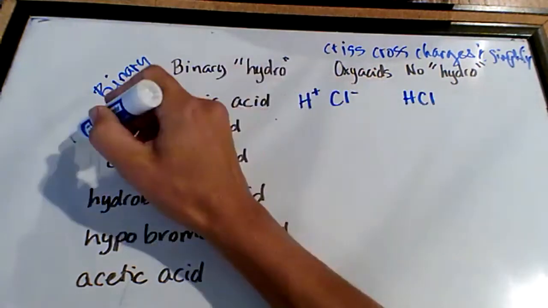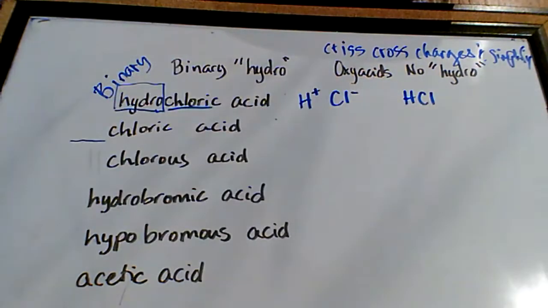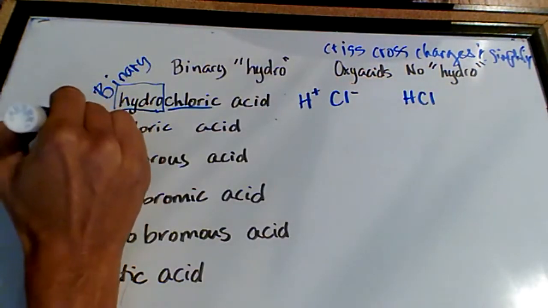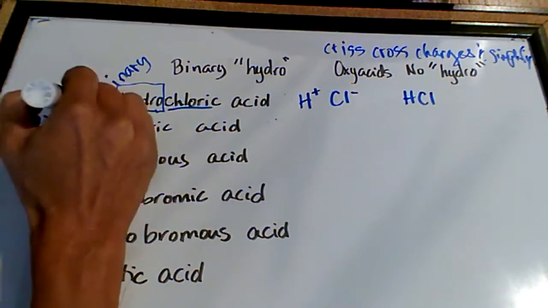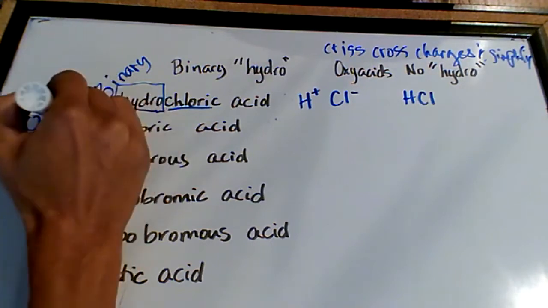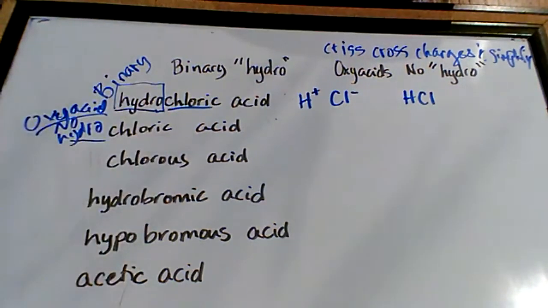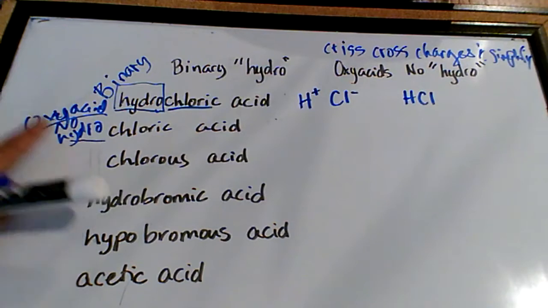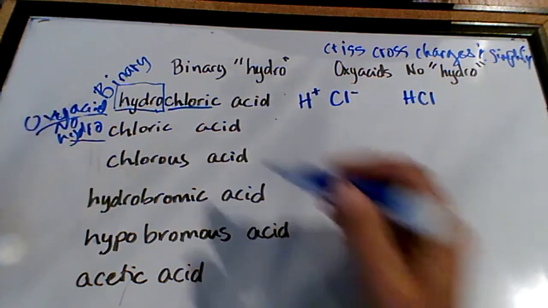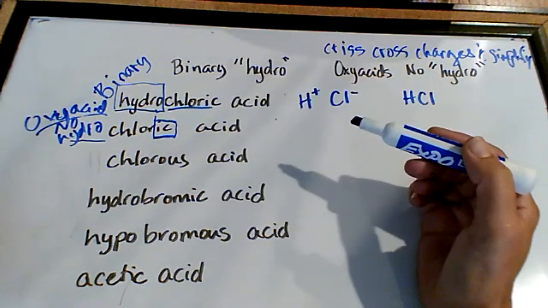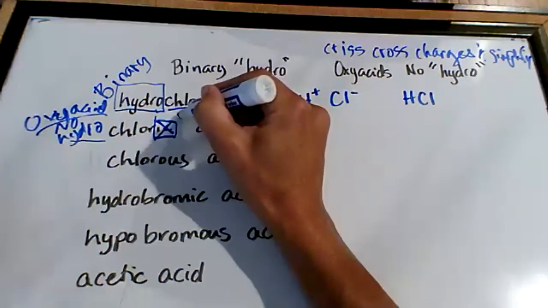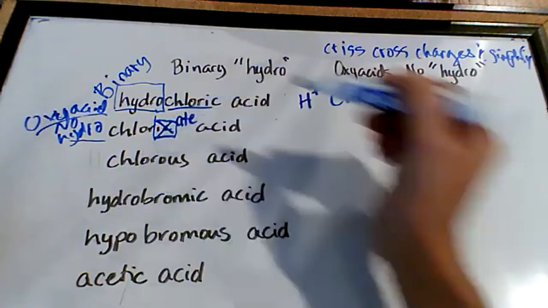Okay, over here, there is no hydro. So this is an oxyacid. No hydro, oxyacid. So I'm going to look at the ending, and I realize that an ic came from an ate.